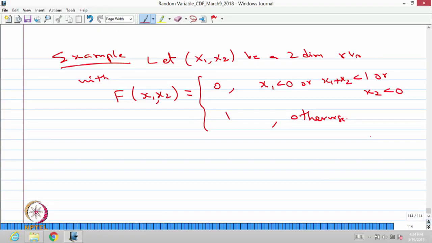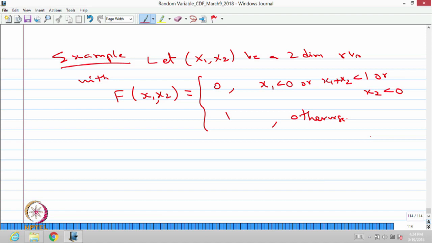We have to verify the third condition, that for any 2 points, the CDF differences at 2 points with a positive sign and 2 points with a negative sign has to be greater than or equal to 0.